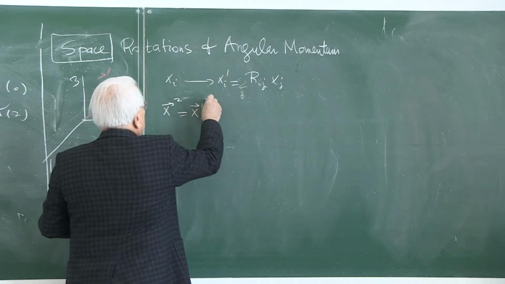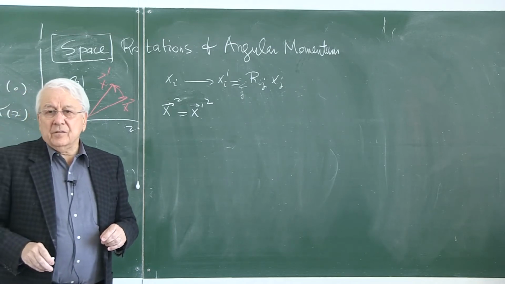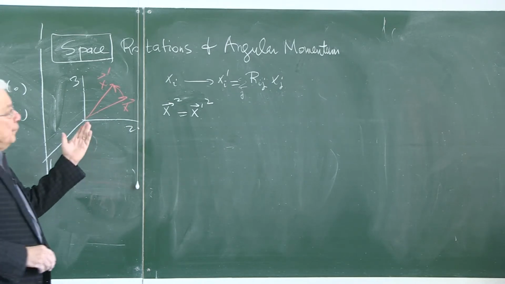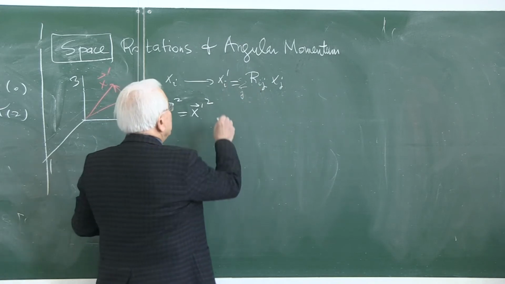We said space rotations are those which keep the lengths of the vectors fixed. So if I write this, what kind of constraint does it impose on these rotation operators?